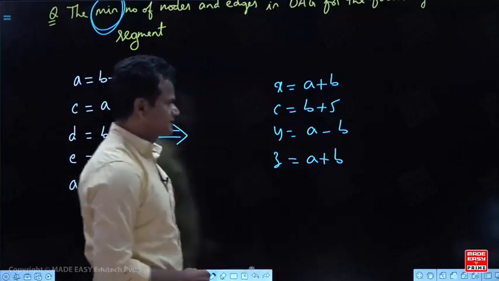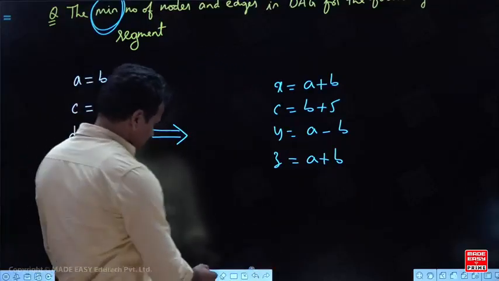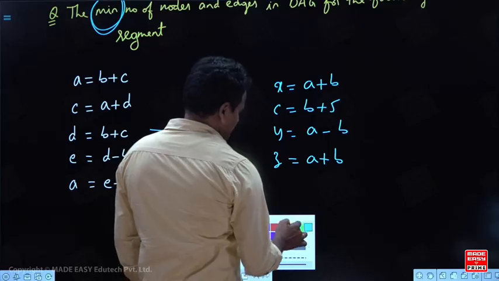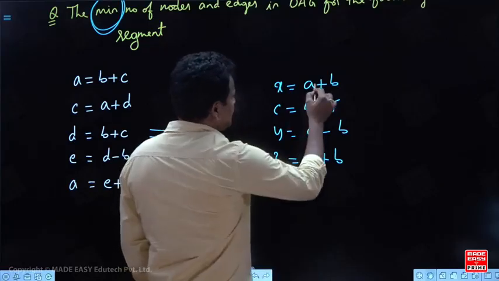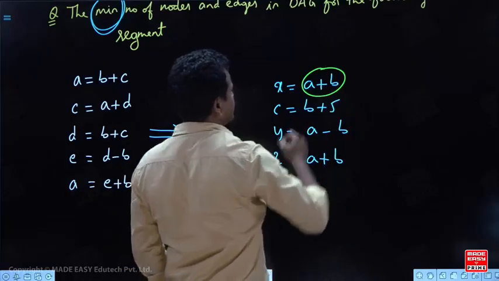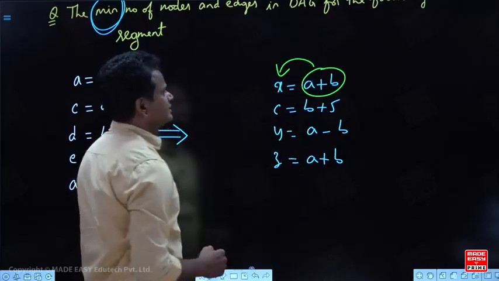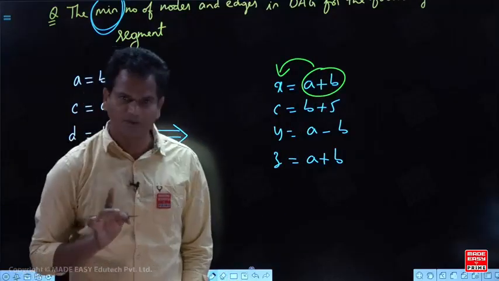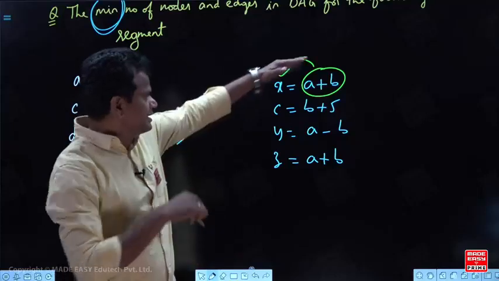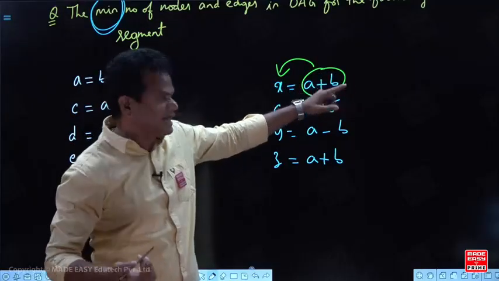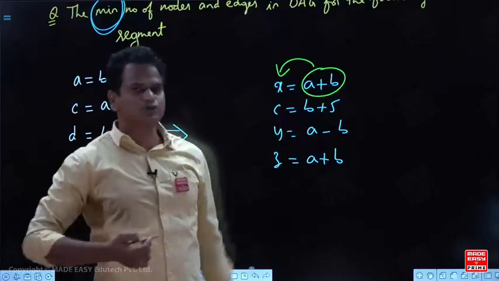Okay, now look at this, guys. Here a plus b we have executed, and this result we have in x. Okay? Look at this carefully. A plus b we have evaluated. That value we are storing in x.